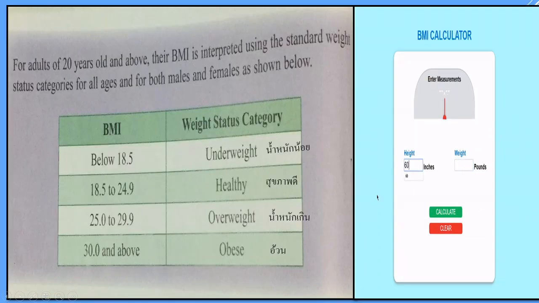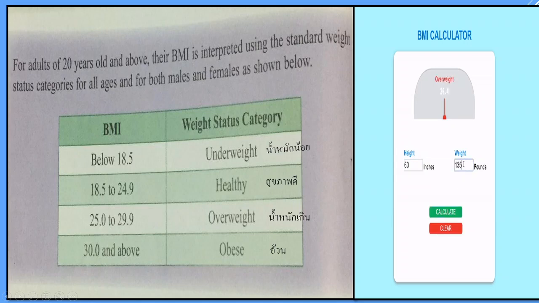For adults 20 years old and above, their BMI is interpreted using the standard weight chart. For 20 years old and above, a BMI below 18.5 means the weight status is underweight. A BMI of 18.5 to 24.9 is healthy.